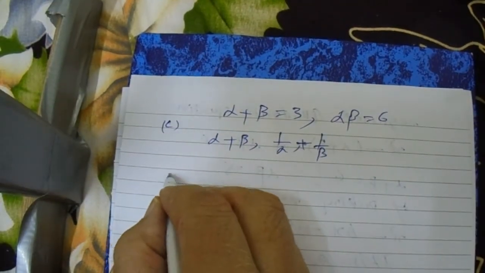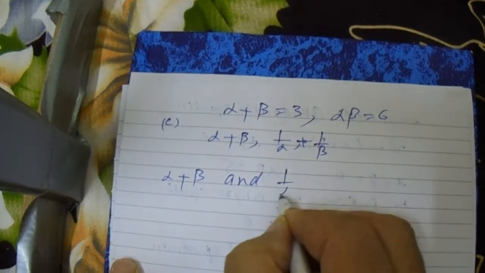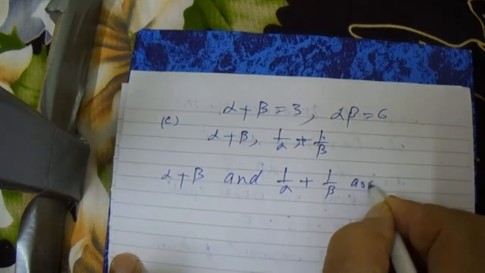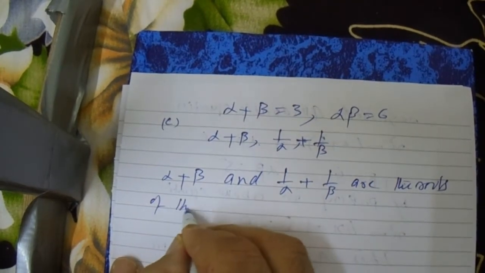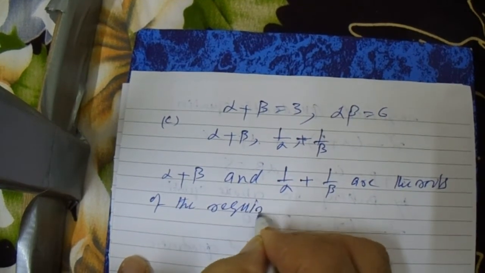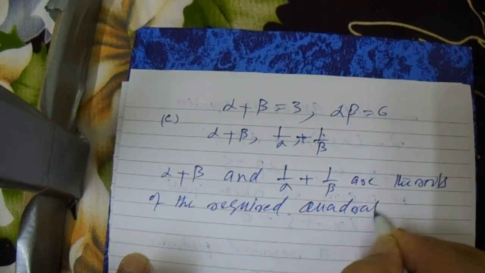That is, alpha plus beta and 1 over alpha and 1 over beta are the roots of the required quadratic equation.